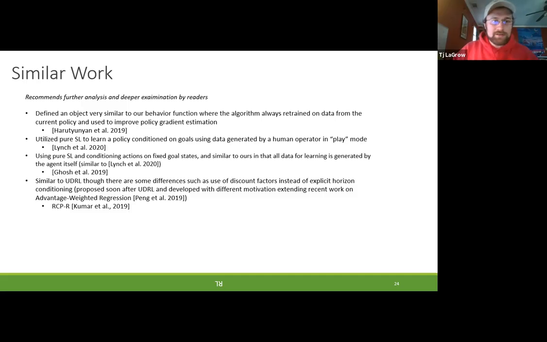Additionally, there are other conditions to have fixed goal states. And then the paper that they wanted to highlight, and have a couple of paragraphs on, is that there's very similar work to upside down reinforcement learning, where the differences are with the discount factor. Instead of explicit horizon conditioning, they end up doing more of a replay buffer that stacks very slightly.